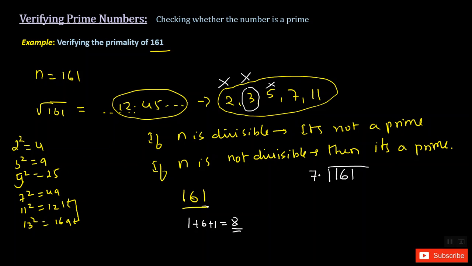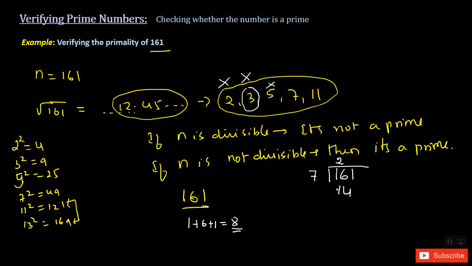Now then you have to recite the 7 times table, like 7 times 1 is 7, 7 times 2 is 14, 7 times 3 is 21, 7 times 4 is 28, and so on. You'll be counting the 7 times table until you reach exactly 16 or lesser than that. You should not exceed that number. So 7 times 2 gives me 14, which is smaller than 16.